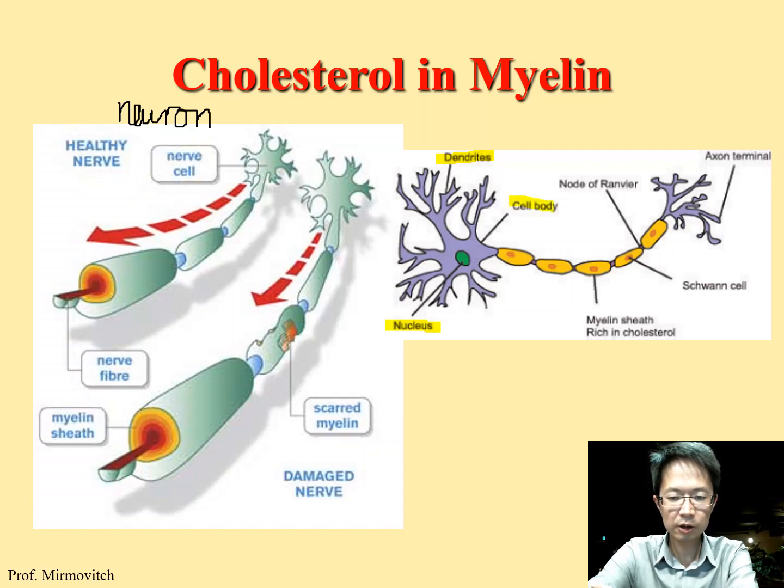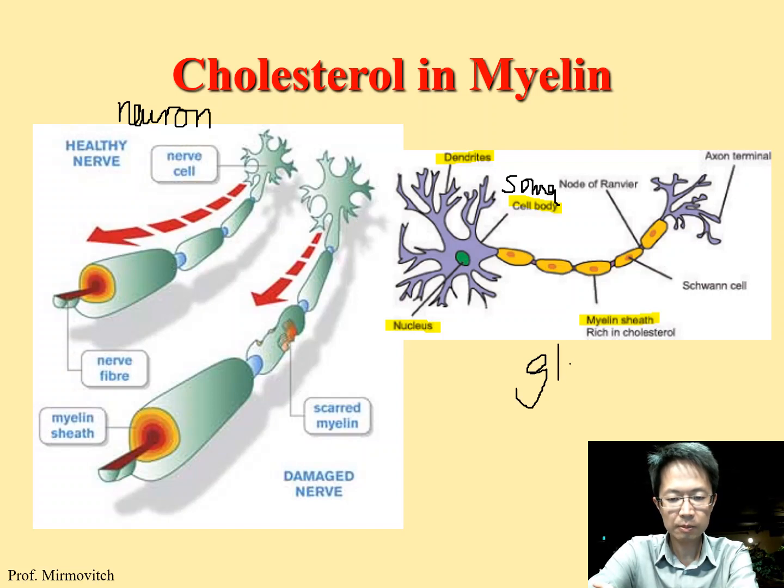Yes, a cell body. The cell body, we usually call it soma. And then we have something called myelin. Myelin, as I told you, is formed by something called glial cells. It is a different cell type.